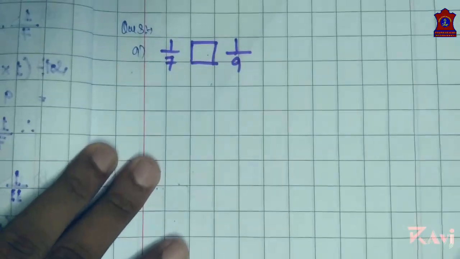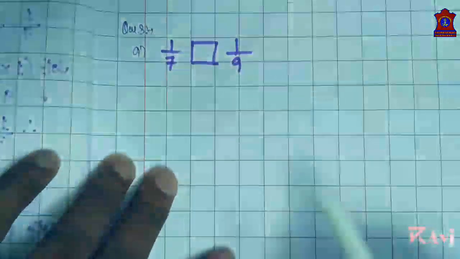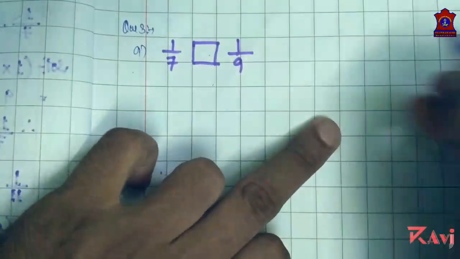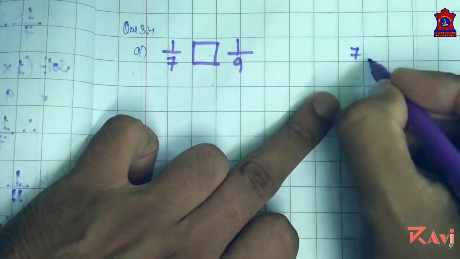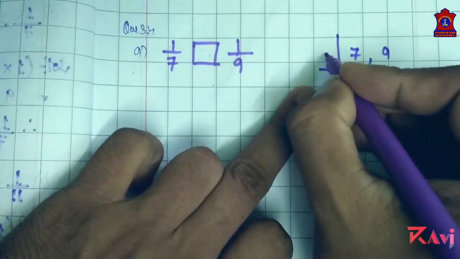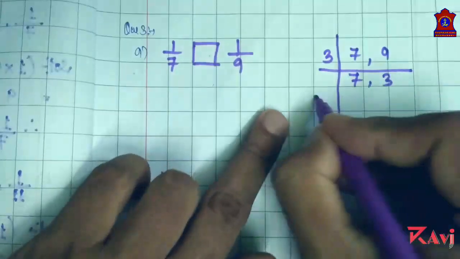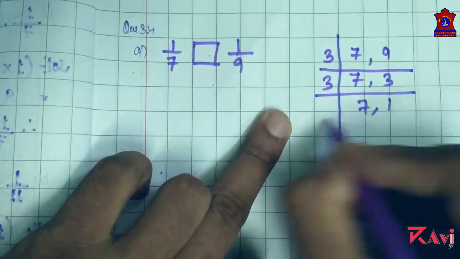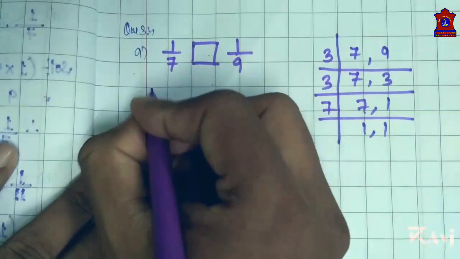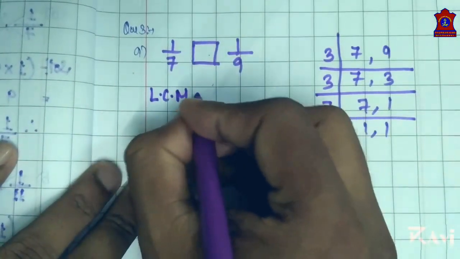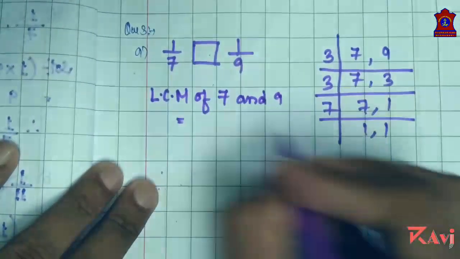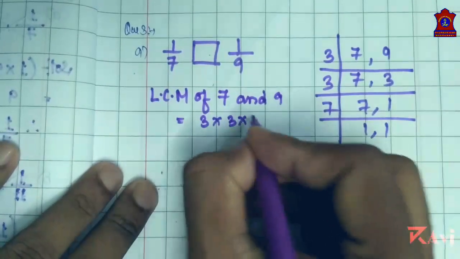Okay, so look at this method. Check the denominator and find the LCM of both. Clear? 3 3s are 9, 3 1s are 3 and 7 1s are 7. See, we have got LCM of 7 and 9 equals 3 into 3 into 7.